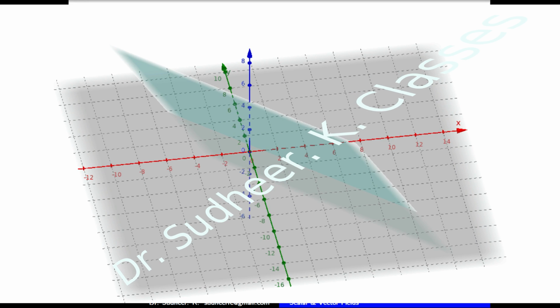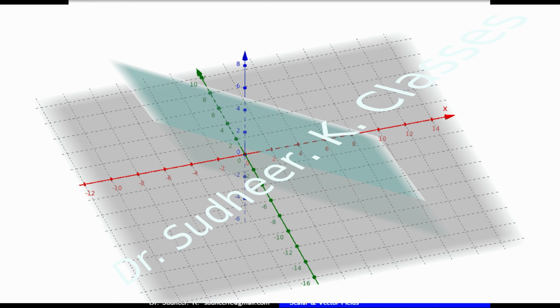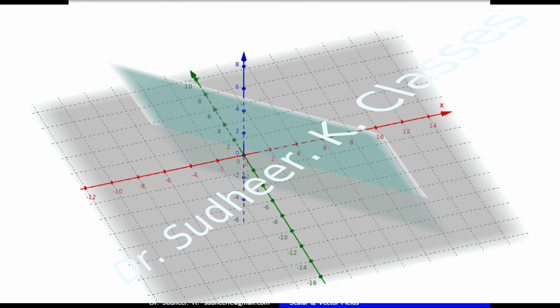It is actually the plane passing through the points (1, 0, 0), (0, 1, 0) and (0, 0, 1). We can say x + y + z = 1 is the plane making intercepts of length 1 on the positive sides of the x, y and z axes.